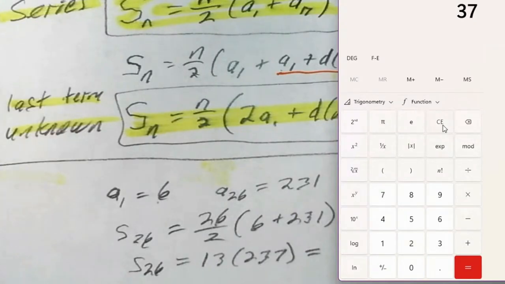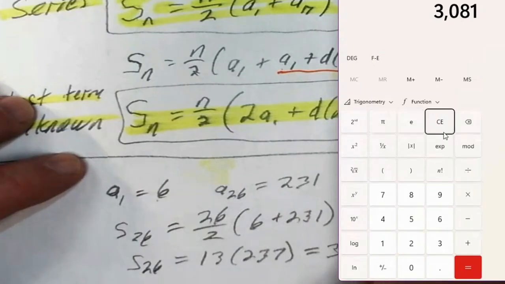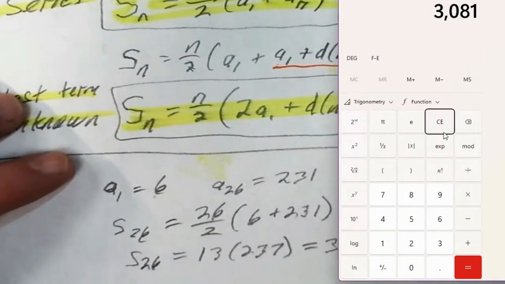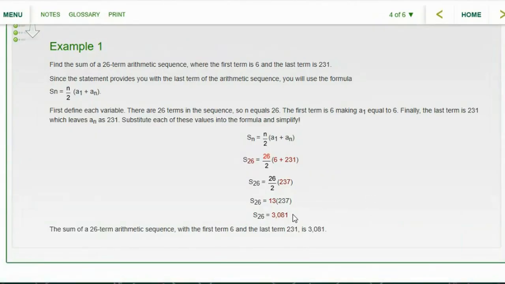Oh, I missed a button. 3,081. That's a pretty good number. All right, let's see how that compares to what they have in their answer. 3,081. It's just a matter of plugging in the numbers and then doing the math.